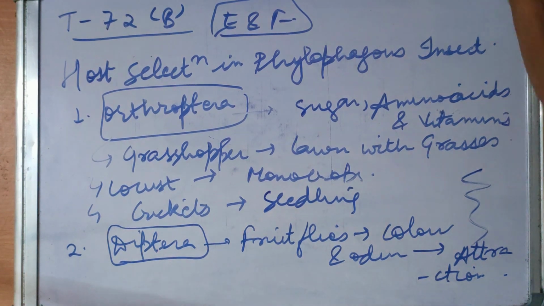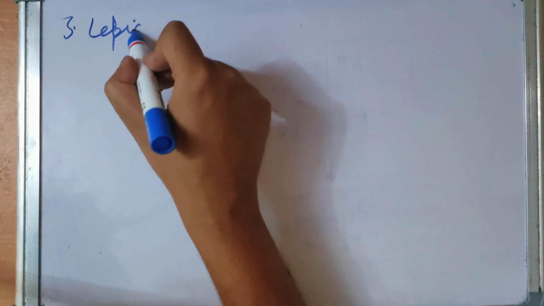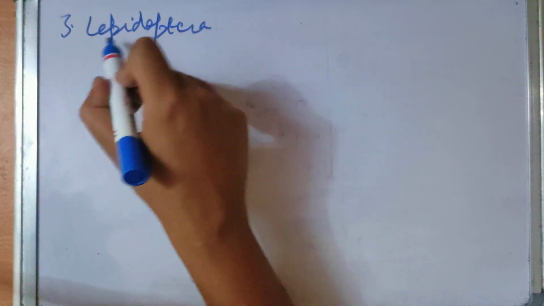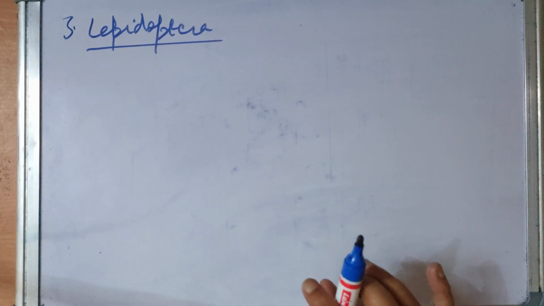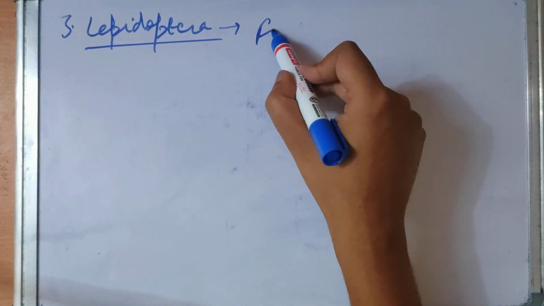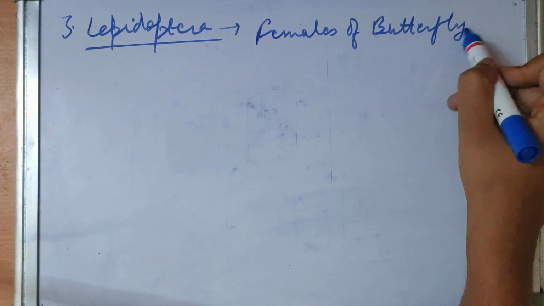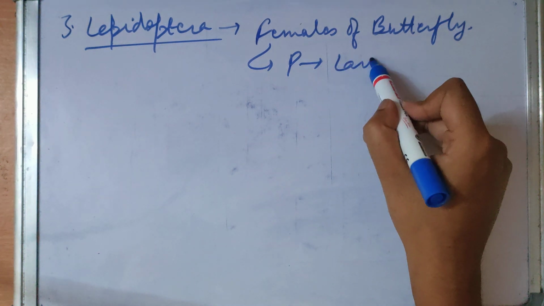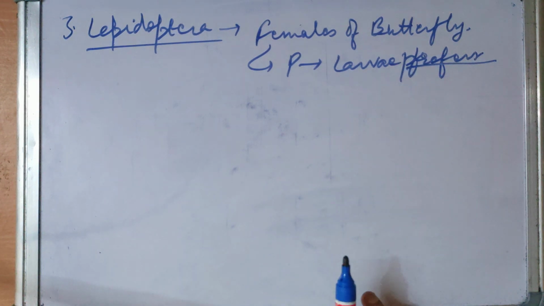Now third, that is Lepidoptera. Females of butterflies lay eggs on those plants which their larvae prefer to feed on.